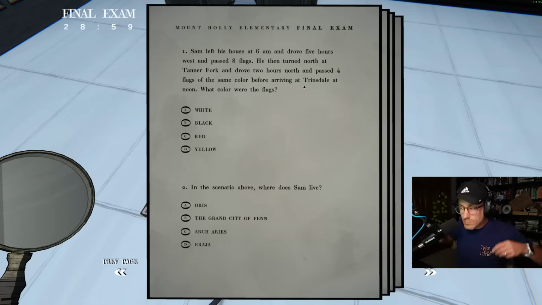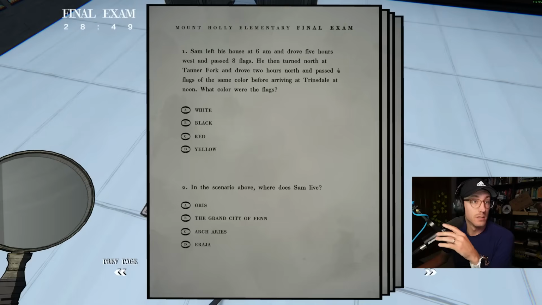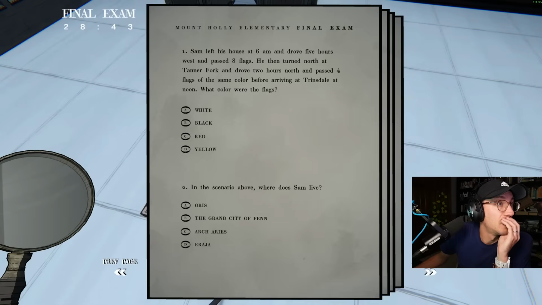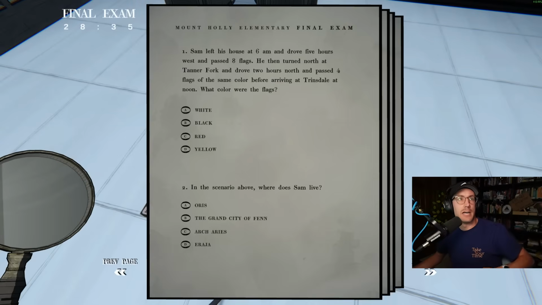Okay. I'm already really nervous because I don't know what this means. 5 hours west past 8 flags. He turned north at Tanner Fork. So my screenshot here would be... this is bunkhouse, right?